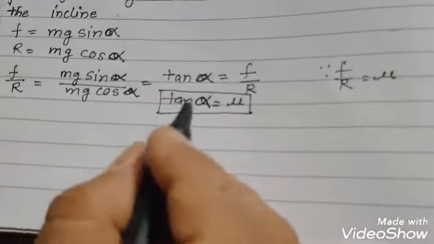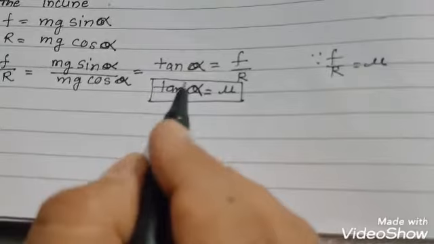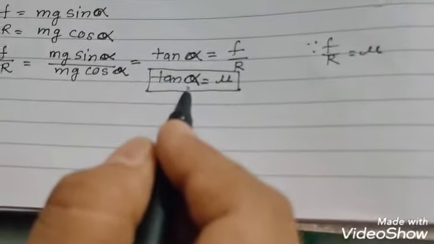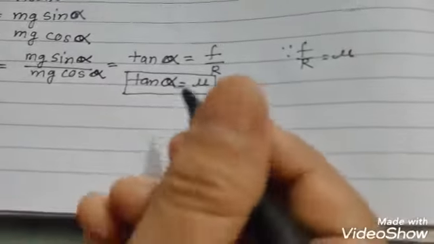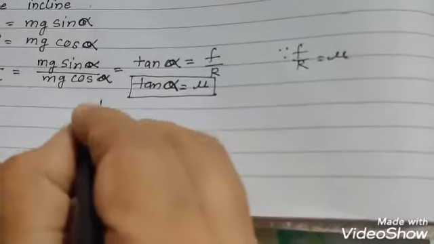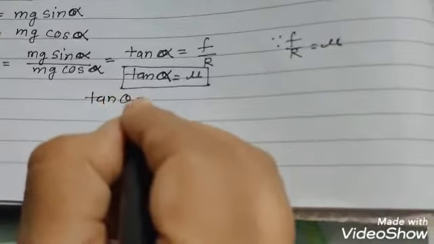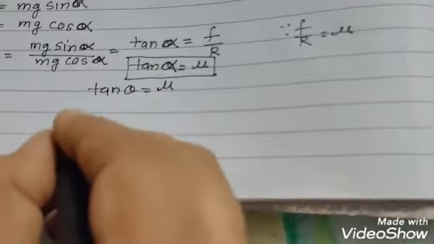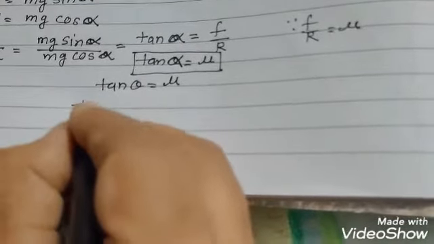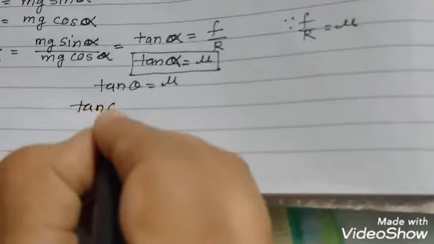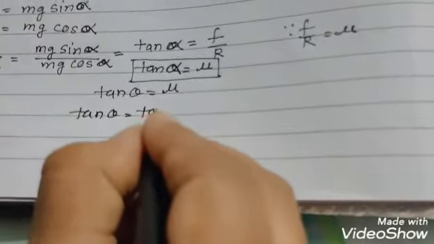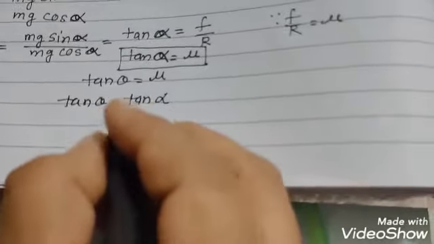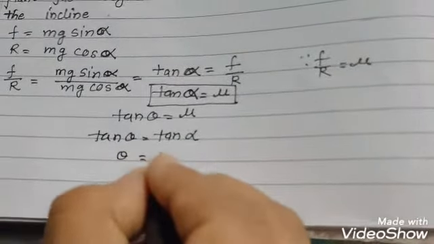Now what I have found here is that tan alpha is equal to mu, where alpha is the angle of repose, and previously we have seen that tan theta is equal to mu, where theta is the angle of friction. So simply, tan theta is equal to tan alpha, because both are equal to the coefficient of friction. That means theta is equal to alpha.